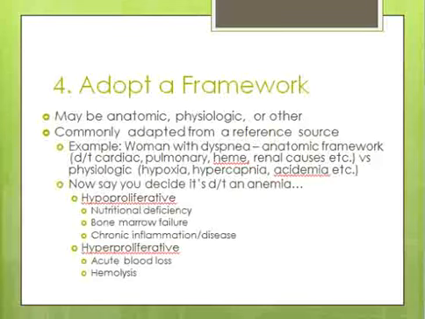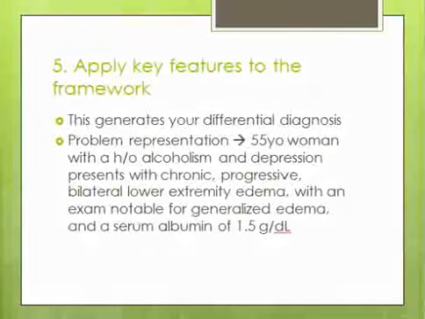There are different ways you could divide out causes for anemia, but one would be, is it hypoproliferative versus hyperproliferative? You can see there are different causes for each one. So it doesn't necessarily matter so much what your framework is, just that you're pulling from frameworks to help you have a way to think about what this person's problem is. And different types of frameworks might apply. So, different ways to think backwards.